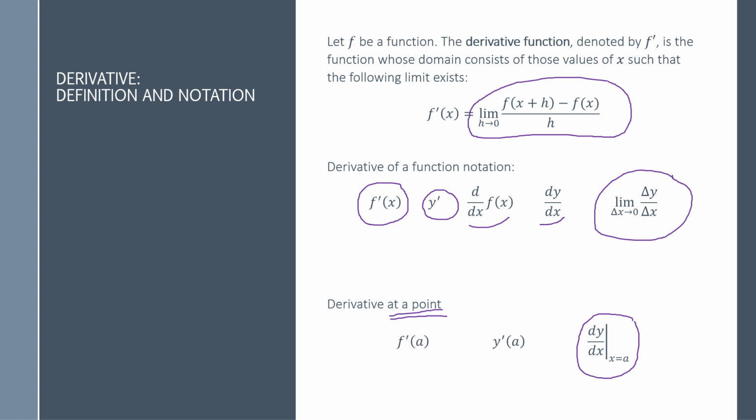So all of this is saying, let's compute the derivative and then evaluate it at a point. So this is just a quick reminder of the limit definition of the derivative function, as well as various types of notation that can be used to represent the derivative.